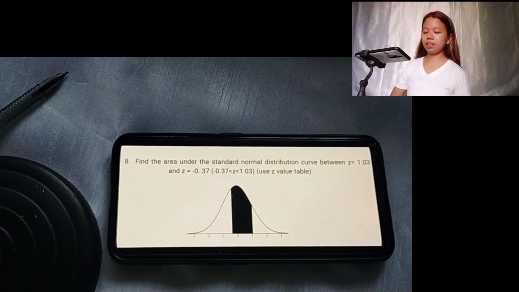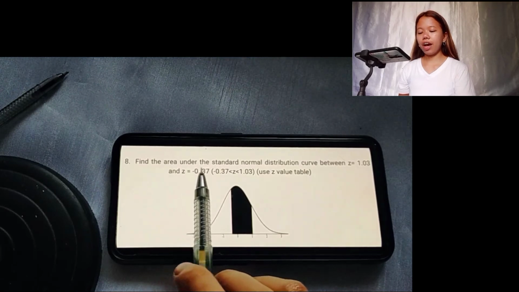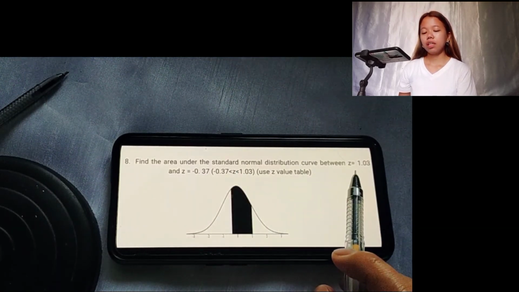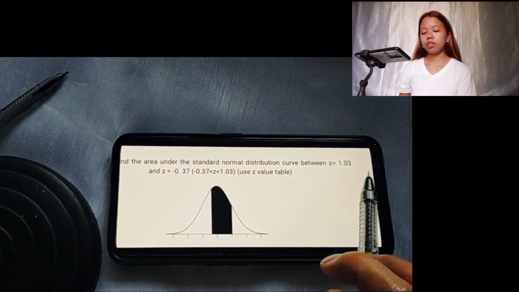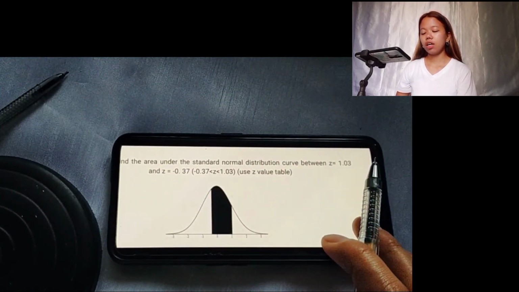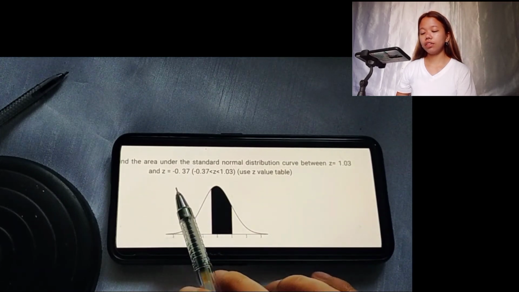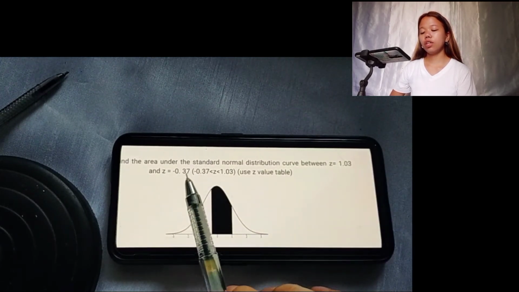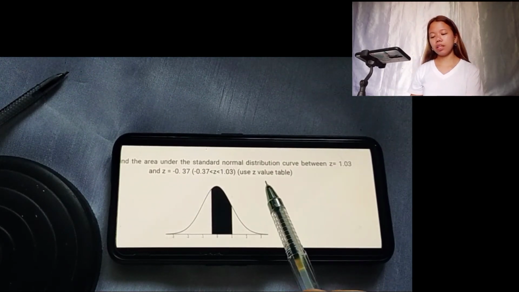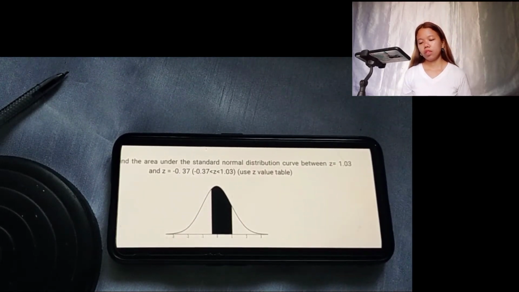Problem number 8. Find the area under the standard normal distribution curve between 1.03, which is the z-score, and negative 0.37. Use the z-value table. Okay.